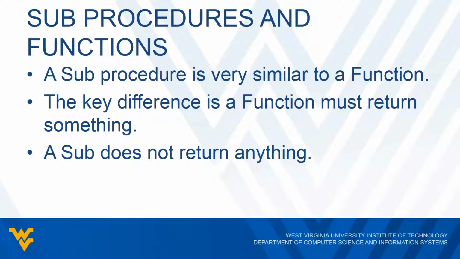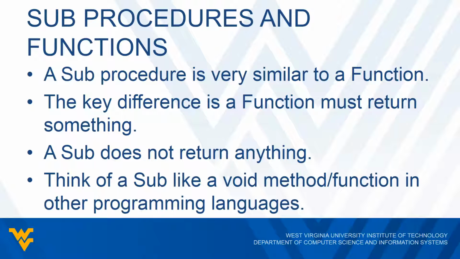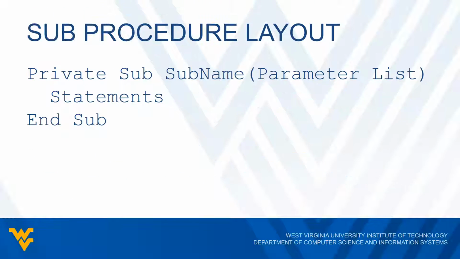Subprocedures do not return anything. The best way to describe it is to think of a sub like a void method or void function in other programming languages like C, C++, or Java. So the key difference: functions return something, subs do not.